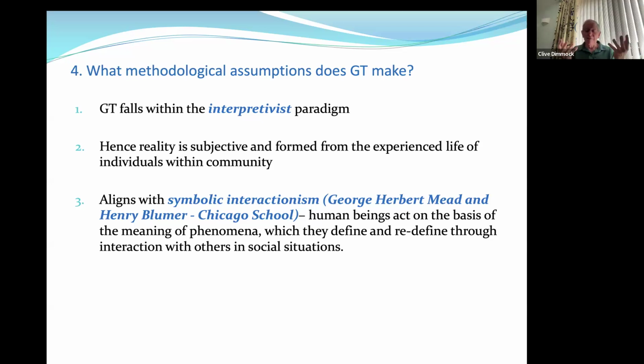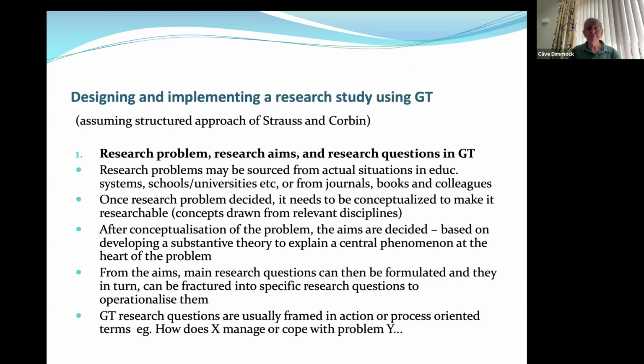And that's basically, in a very crude way, the meaning of symbolic interactionism. I love it. I've encouraged my students to adopt it, and it goes very comfortably with GT. So it's a philosophical underpinning to grounded theory.